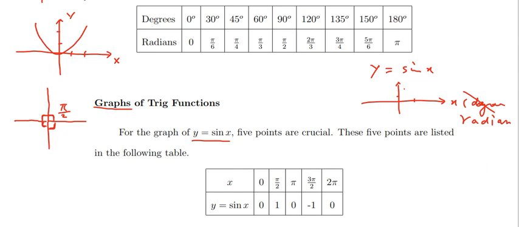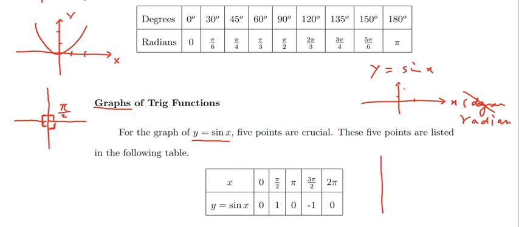So we have those 5 points. Based on those 5 points, we can connect them and get the graph for sine.